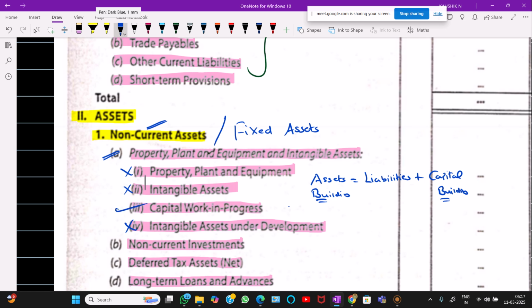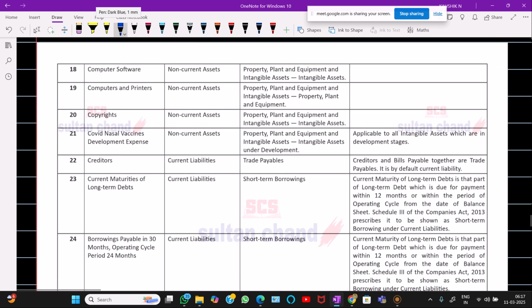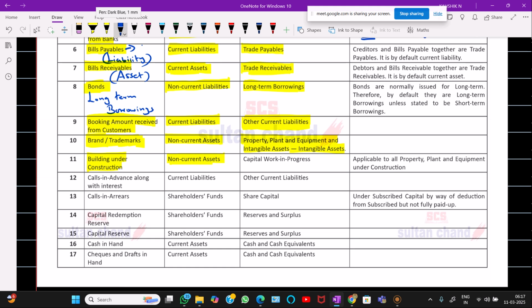This is the apt answer for building under construction or under progress, whatever it is. So building under construction, you are giving it as a non-current asset and you are declaring it as capital work in progress. Any doubt up to this 11th item? No, sir. Moving on to the next.